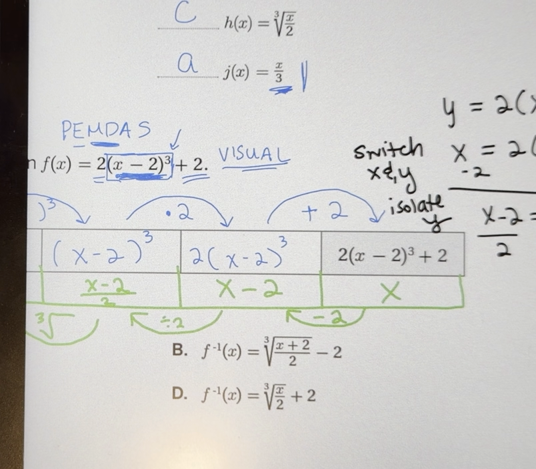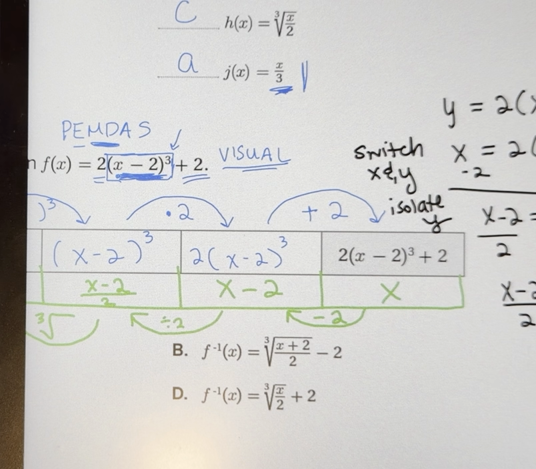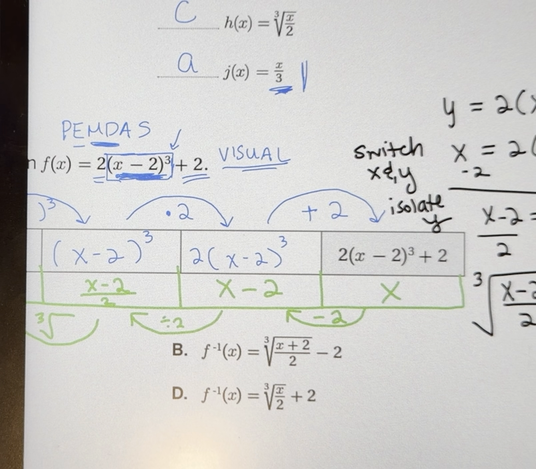We want to divide it away. So then these cancel, and you get x minus 2 over 2 equals y minus 2 cubed. Now we undo the cube by doing a cube root to both sides. Question for you. When we cube root both sides, do we need a plus or minus?